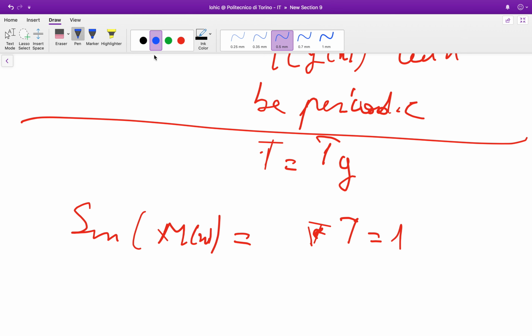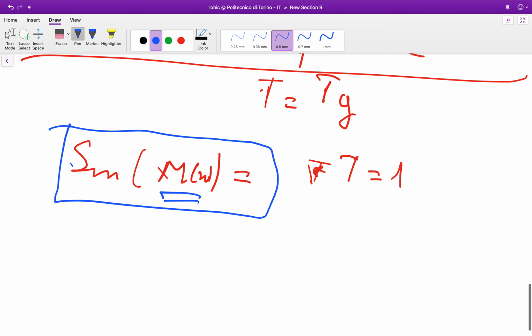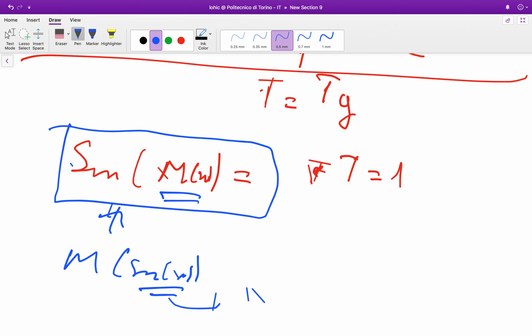So when I do sine of the mantissa of x, the internal function is the mantissa, and the period of the mantissa is 1. So the period of this will be 1. But if I do mantissa of the sine of x, I expect that the period will be 2 pi. Yes or not? Doubts?